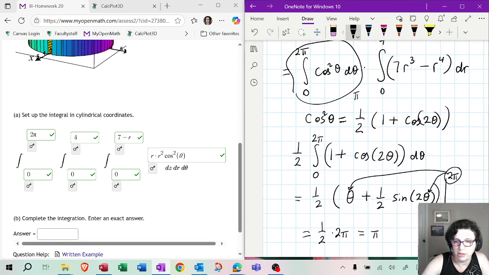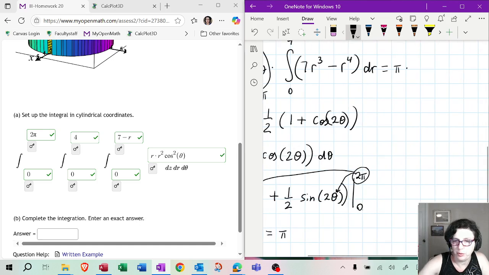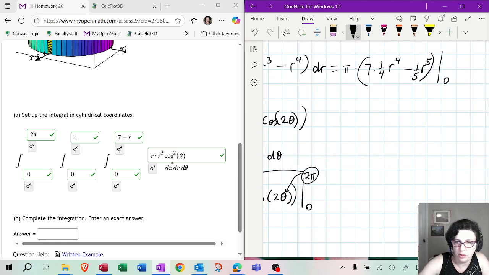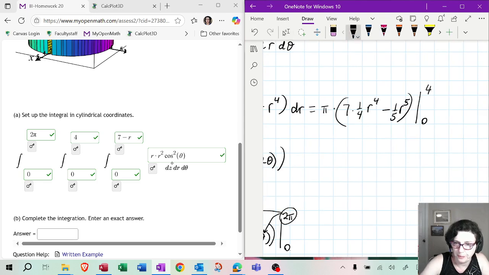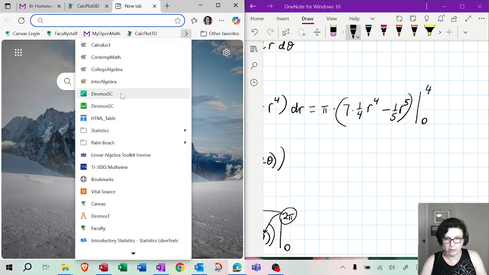Okay, so then what's left is just integrating the r part. That should be pretty simple. So this is going to be 7 times 1/4 r to the 4th minus 1/5 r to the 5th. Okay, and then we substitute the limits from 0 to, I think it was 4, for r. Let's see if we can use a calculator here.